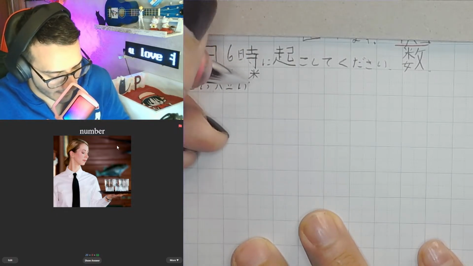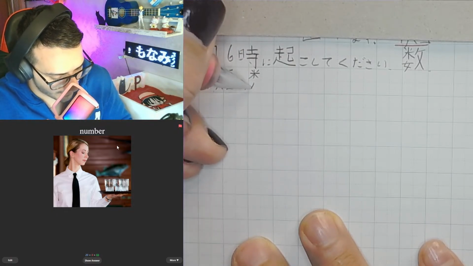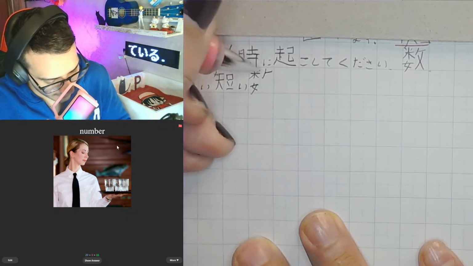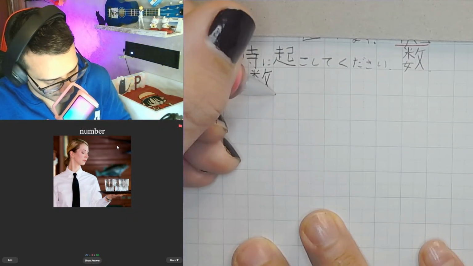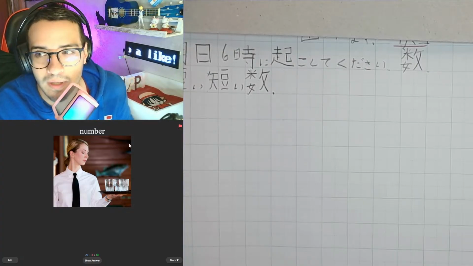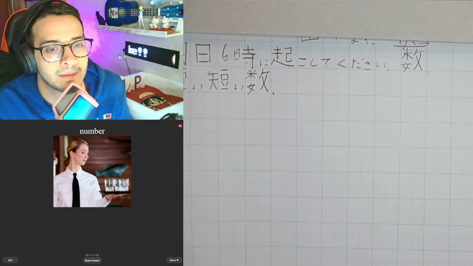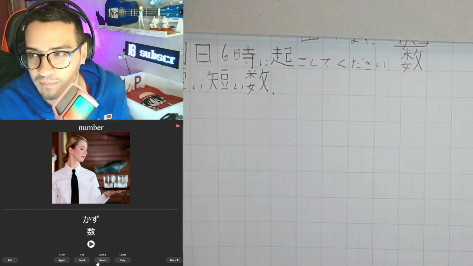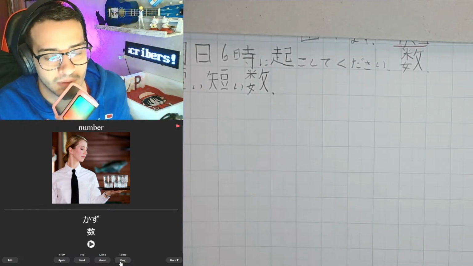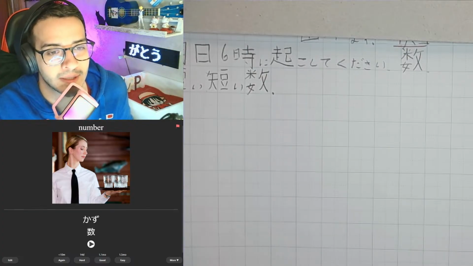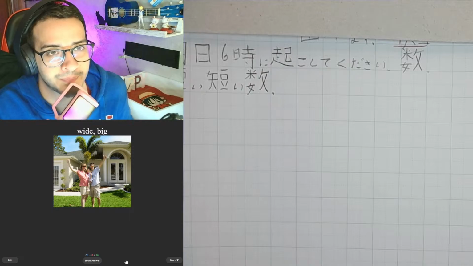And then we have the woman and strike. So how do we say it? Kazu. Number. Kazu. Easy. So remember rice, woman, and strike radical.